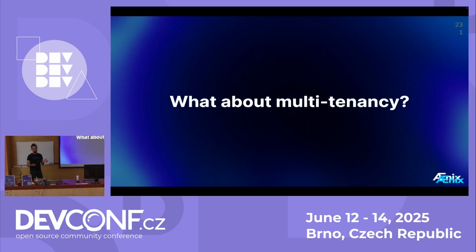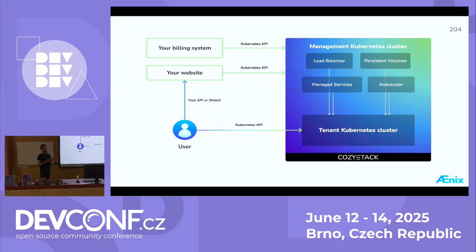What about multi-tenancy? As I said before, we don't really like when users have access to the management Kubernetes cluster. For now, it's slightly different because we implemented an API for the end users, but they can only interact with our own objects. The original design was that users have no access to the management Kubernetes cluster, and you can still have this model.